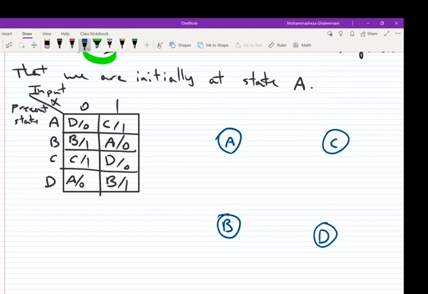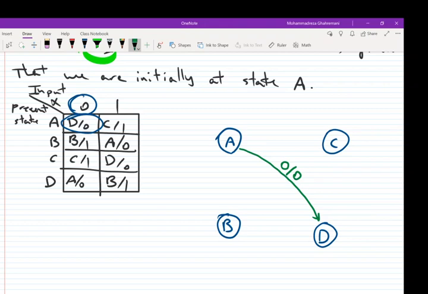If we are in state A and the input is 0, the state changes to D and the output will be 0.